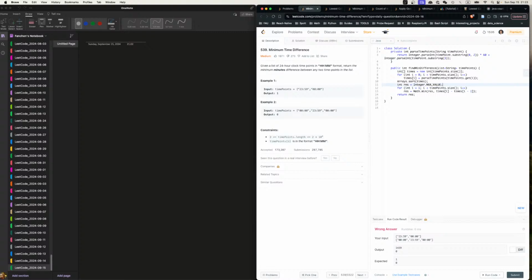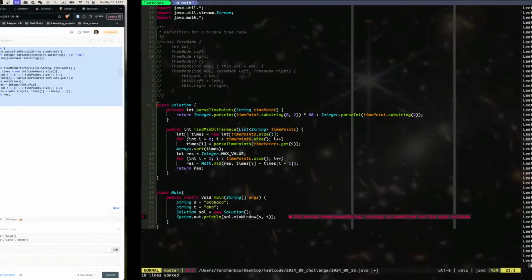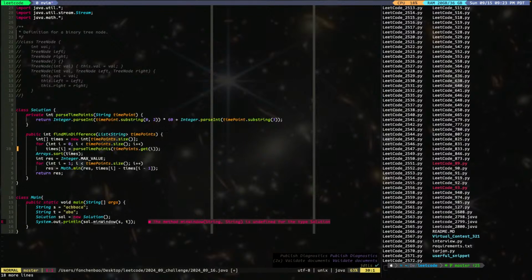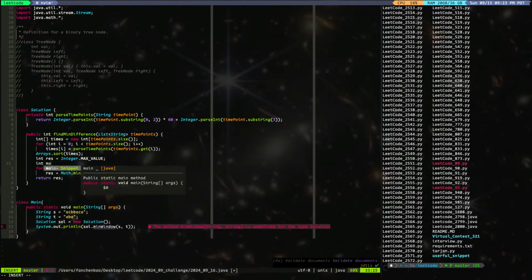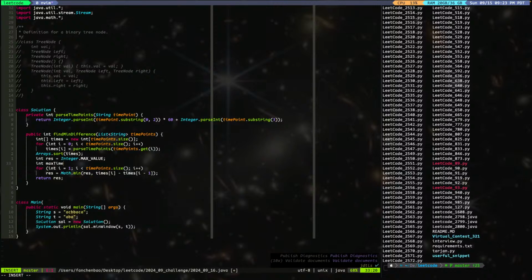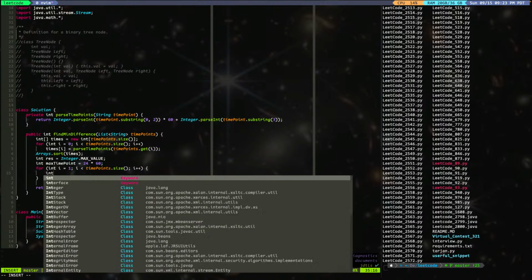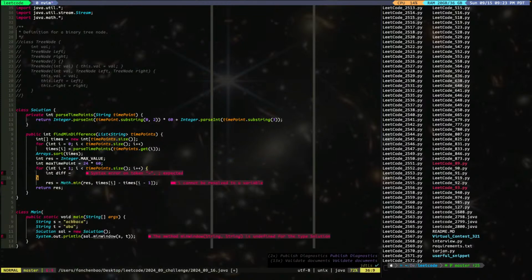Actually, let's change it over there. So here we can say int max time point should be 24 times 60, right? And now we have this, so int diff shall equal to here. Alright, so we do this.